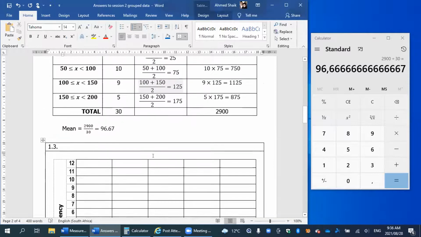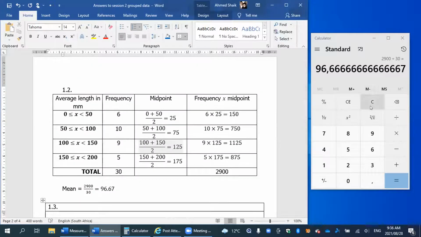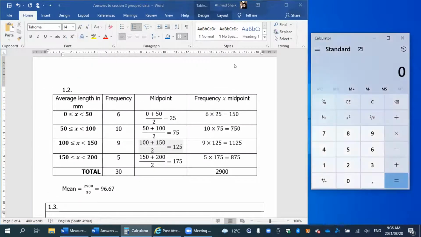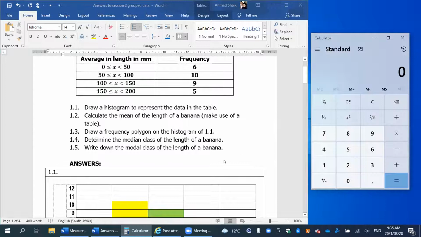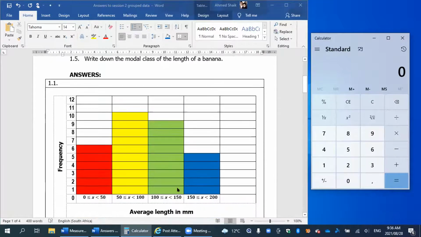Okay, so we're looking at 1.3. 1.3 says draw a frequency polygon on the histogram of 1.1. So they want us to draw a frequency polygon on this histogram.